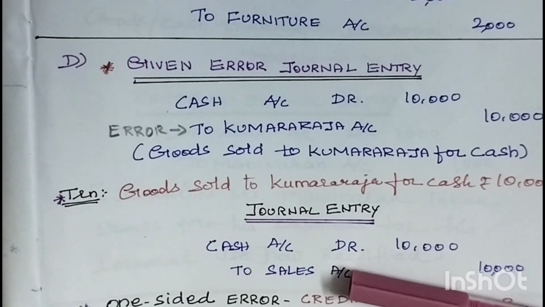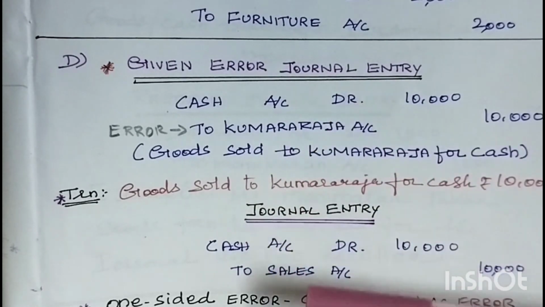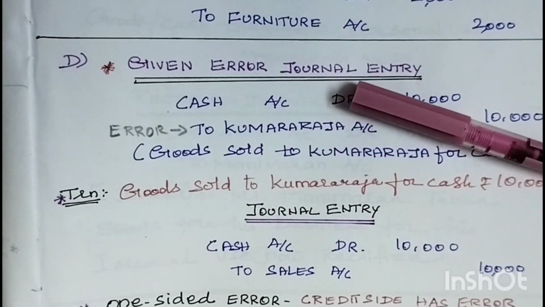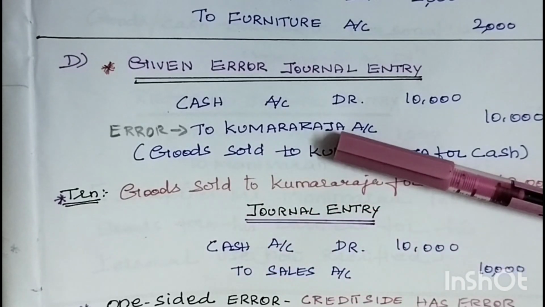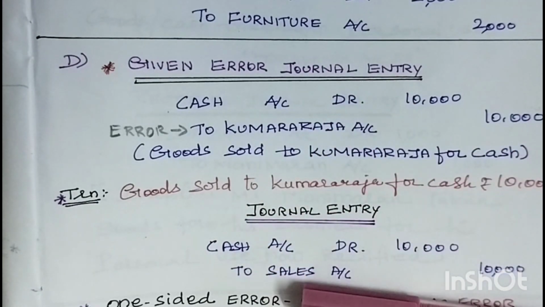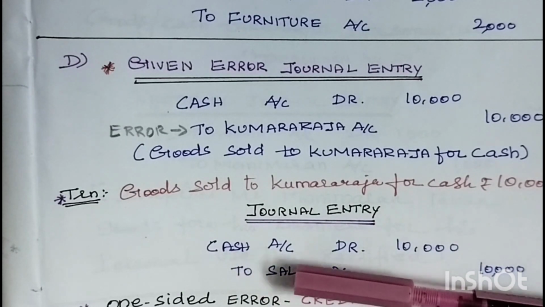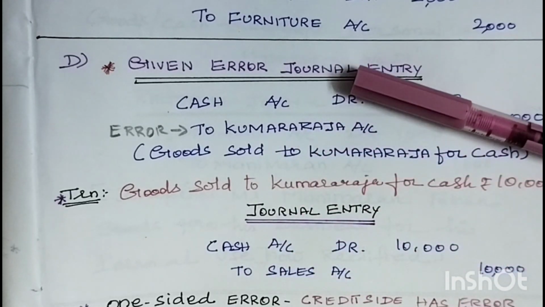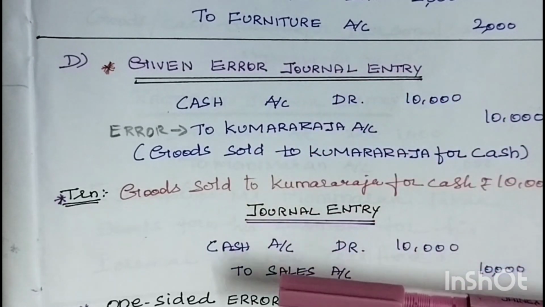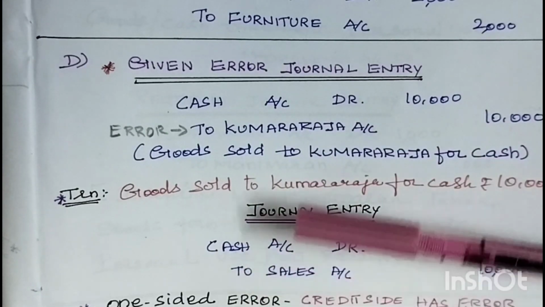Okay, we have to compare both journal entries, the given journal entry and the correct journal entry we passed. Let's first take the debtor side and compare both.